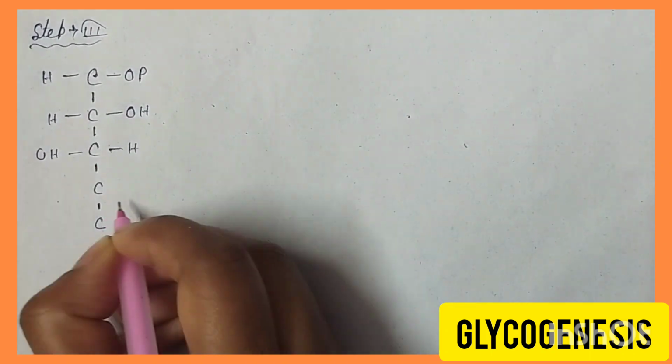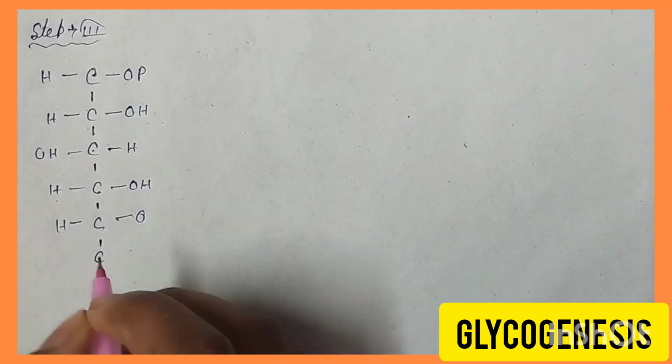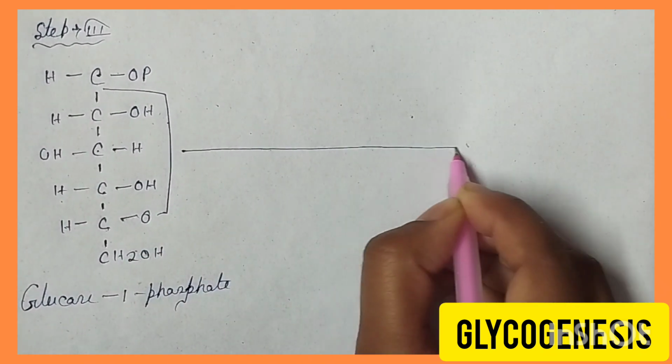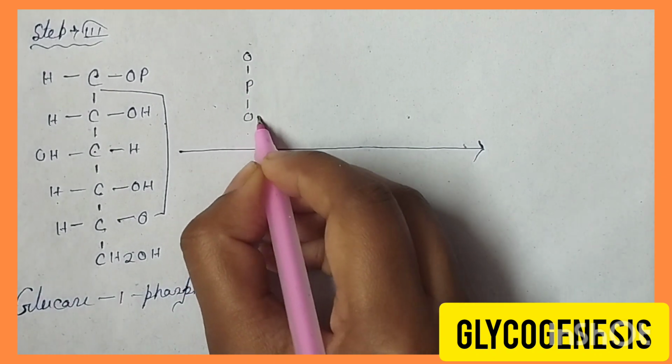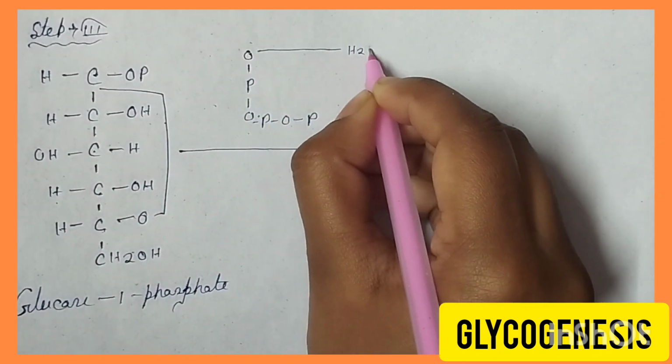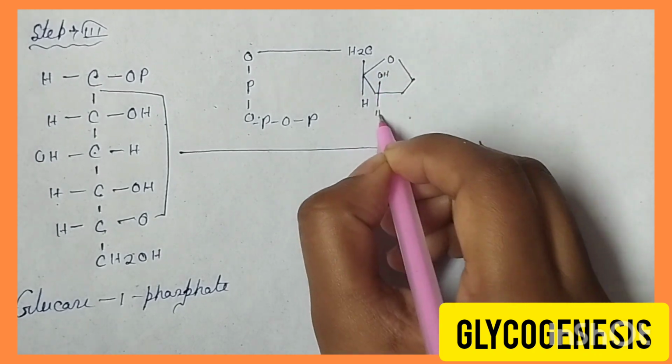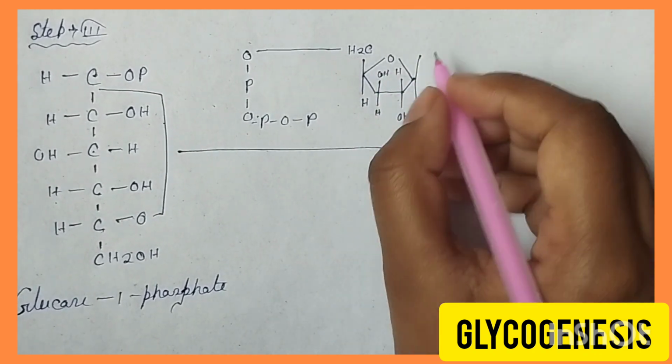In the third step, glucose 1-phosphate is converted to UDP glucose by using one UTP molecule.